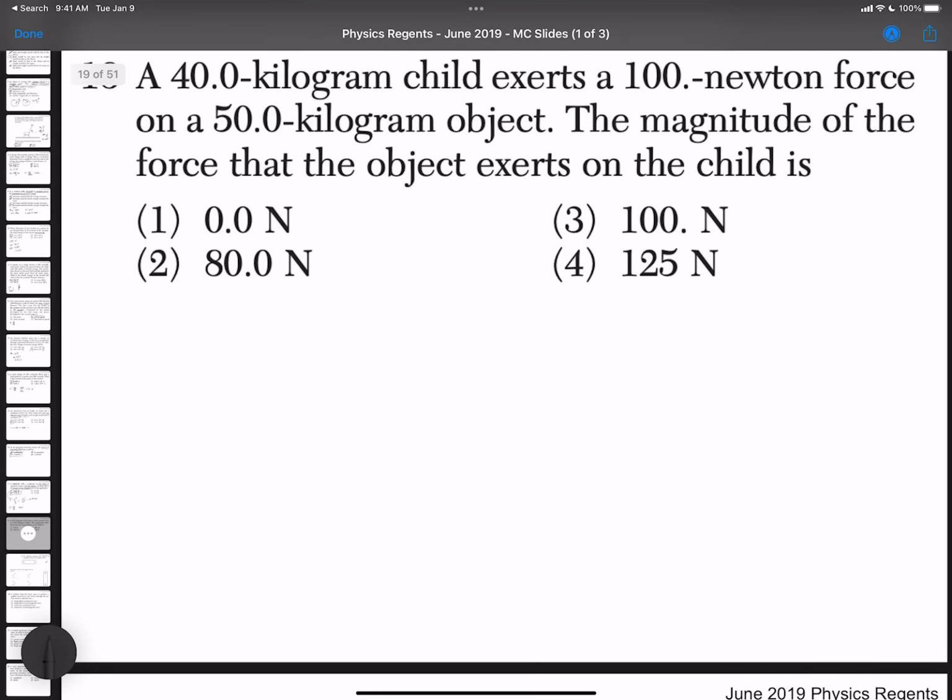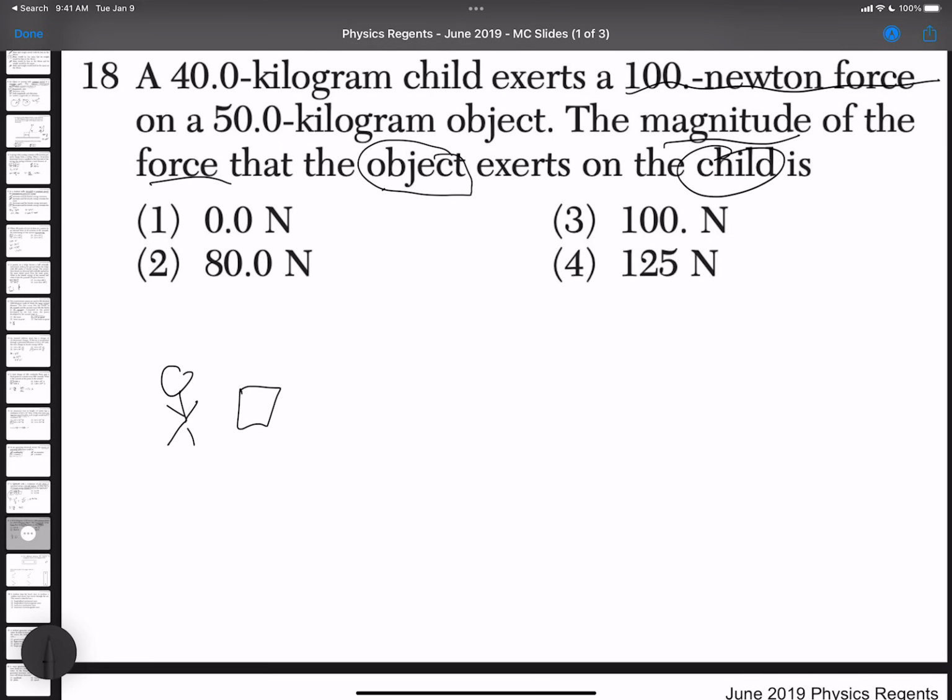All right, question 18. A 40 kilogram child exerts a 100 Newton force on a 50 kilogram object. The magnitude of the force that the object exerts on the child is. So notice here how we've got a force pair, the child and the box or object.